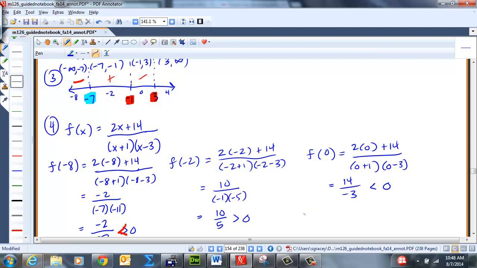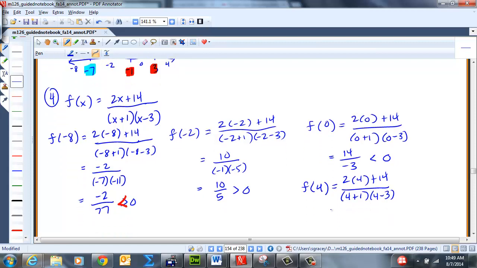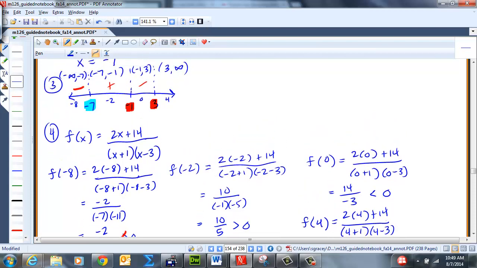And then f(4) will be (2 times 4 plus 14) over (4 plus 1)(4 minus 3). So that's definitely going to be positive, but completing it out a little more, this would give us 8 plus 14, which is 22. 5 times 1 is 5, so that is greater than 0.